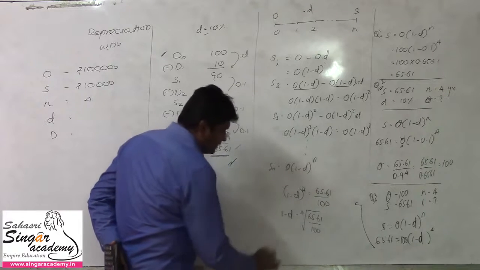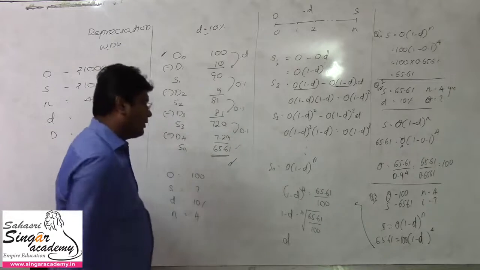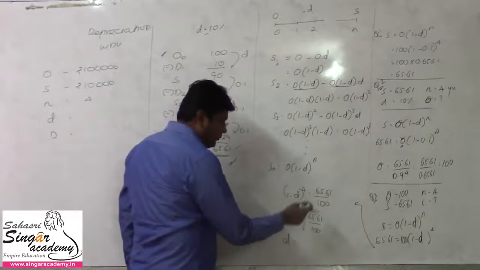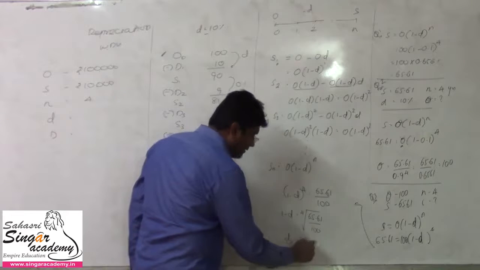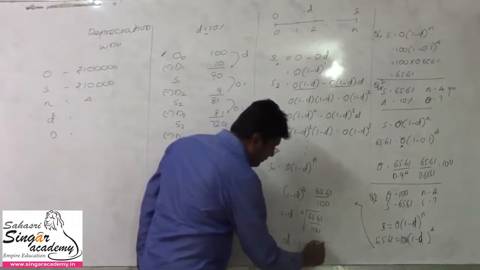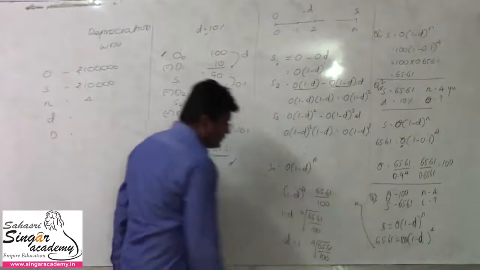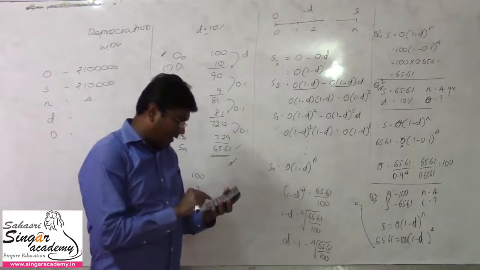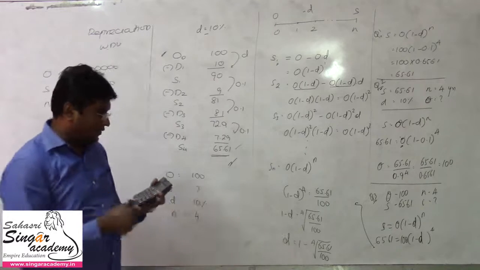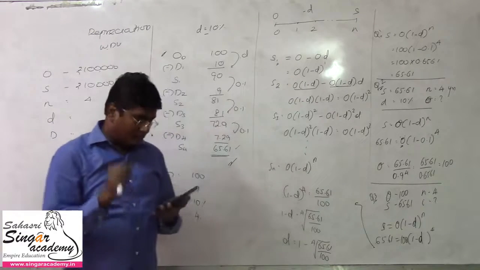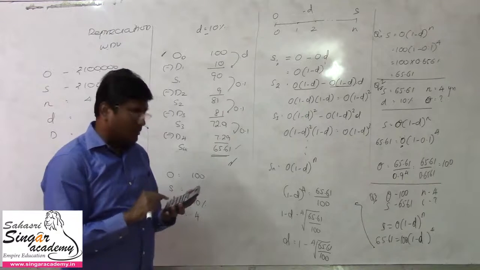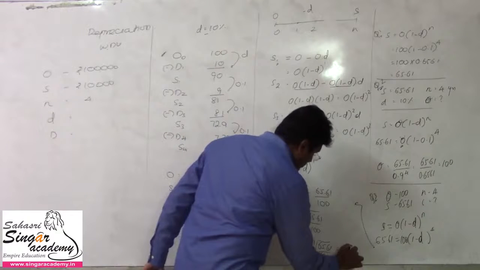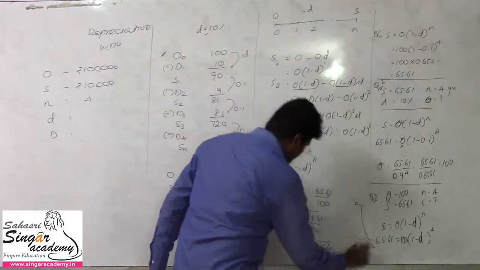Since I need D, I keep D here and take the 1 to the other side. When changing minus D to positive D, the 1 going to the other side changes from plus to minus. So it is minus the 4th root of 65.61 divided by 100. This is how D can be calculated. 65.61 divided by 100 gives 0.6561. Take the root twice, since the 4th root can be taken as 2 times root, and you get 0.9. 1 minus 0.9 is equal to 0.1. Otherwise, 10% will be the rate of depreciation.